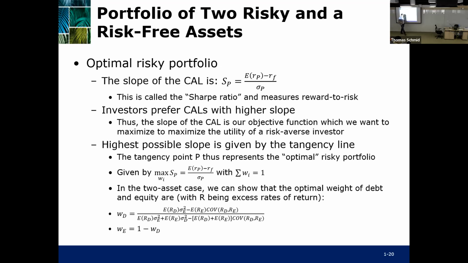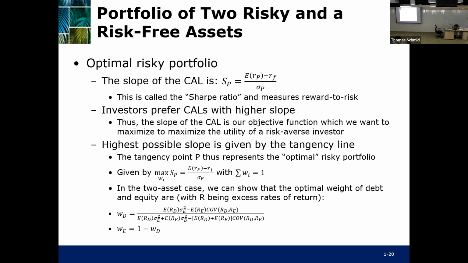It's more important that you understand where this is coming from. You try to find the capital allocation line with the highest possible slope. Graphically, it's very simple to do that. Analytically, you can do the calculations, and then you get this expression. So if you invest in the debt fund according to this expression, this will give you the optimal risky portfolio P.